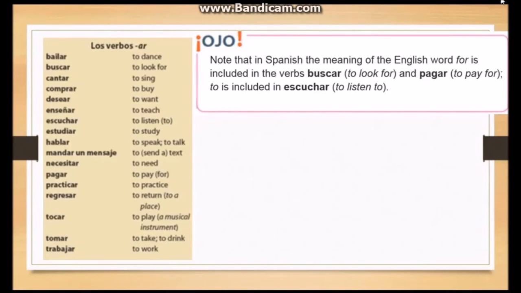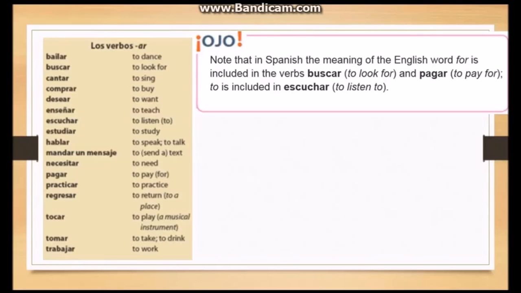Let's look at AR verbs that are in the chapter. Beside each of these verbs, we see what they mean. We have bailar, buscar, cantar, comprar, desear, enseñar, escuchar, estudiar, hablar, mandar, mandar un mensaje, necesitar, pagar, practicar, regresar, tocar, tomar, trabajar.